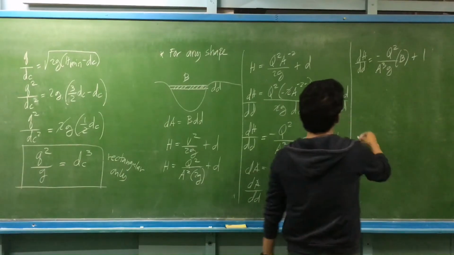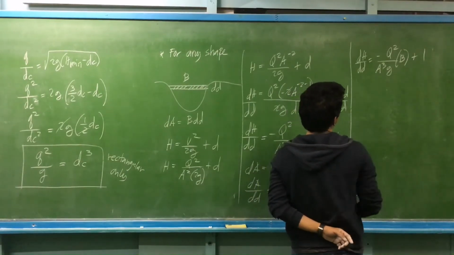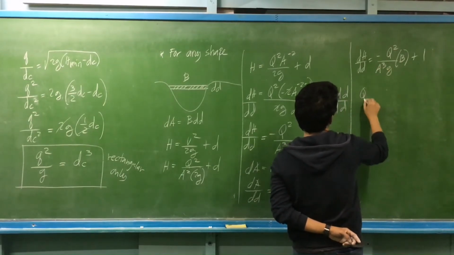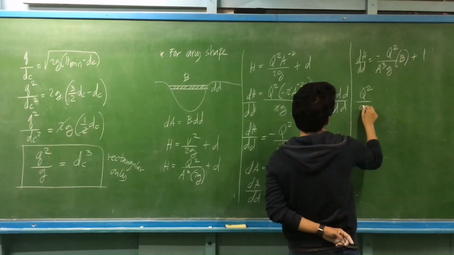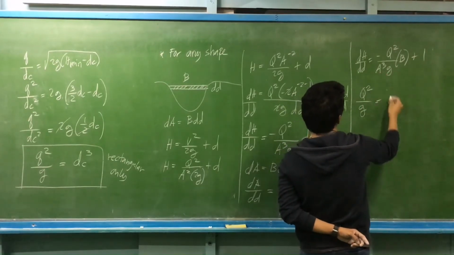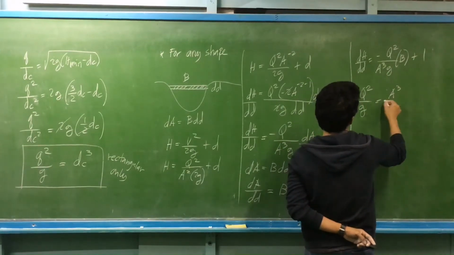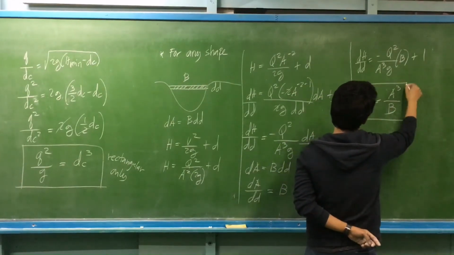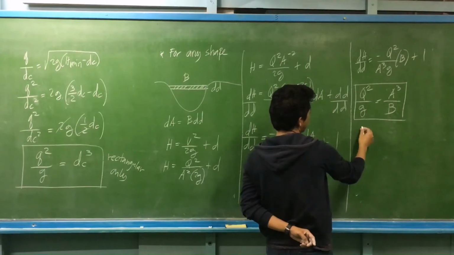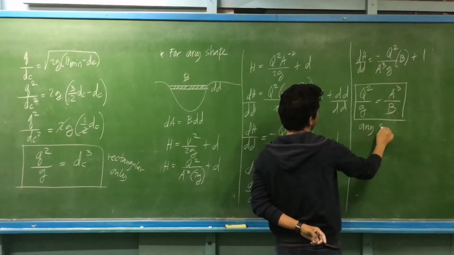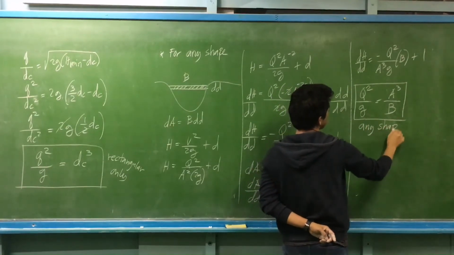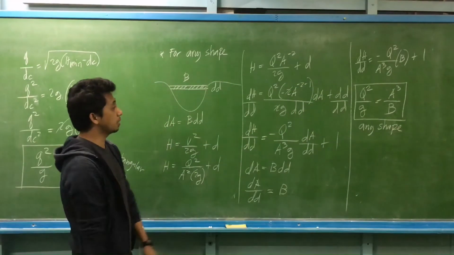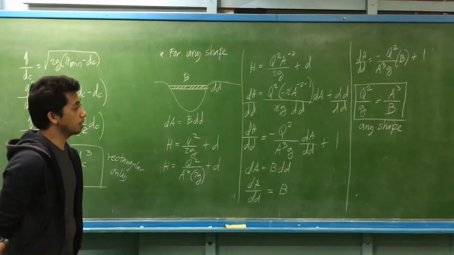So we transpose this: we have discharge squared divided by G is equal to area cube divided by B. So this is the formula for the critical depth for any shape or any section, any open channel. So kahit anong shape ng open channel can be solved by that equation.